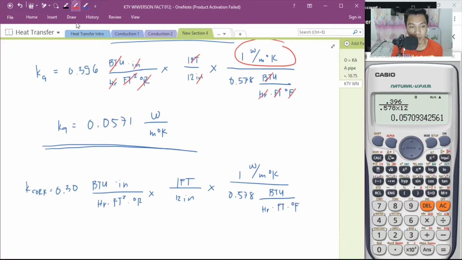Cancel natin. BTU, BTU, hour, hour. Yung feet, feet, inch, inch, feet, degrees Fahrenheit. Ang tira na naman ito.